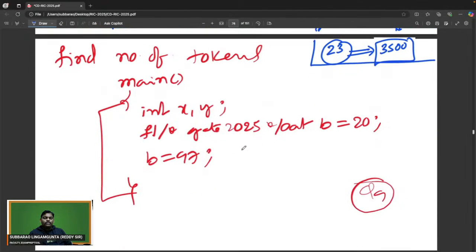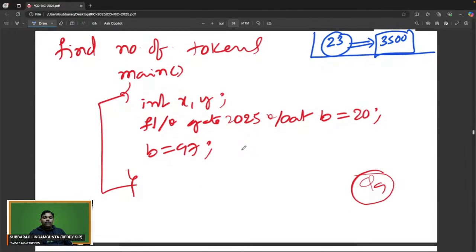Let's go to next. Find number of tokens in the following program. Can you try? How many tokens are there? Can you count how many tokens?